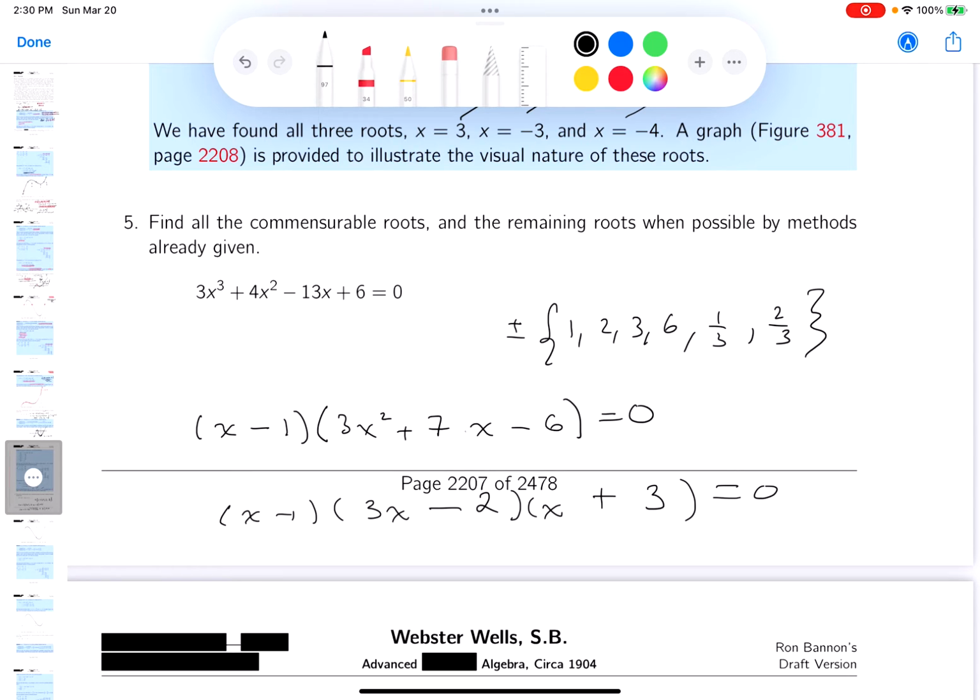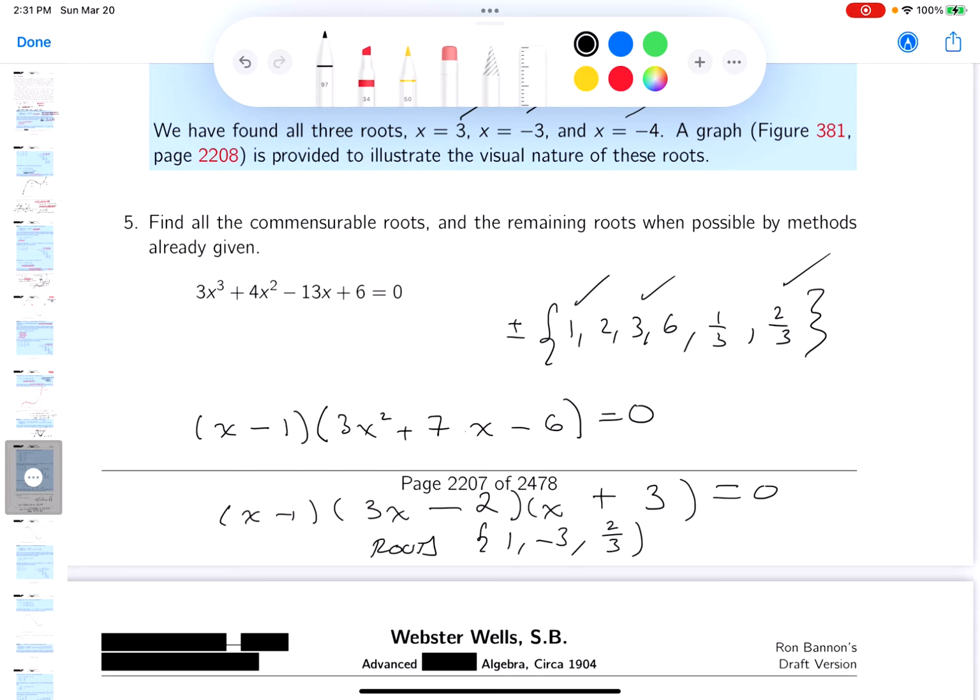So now I know the roots. What are the roots going to be? Well, they're kind of simple. 1, minus 3, and 3x minus 2 becomes 0 when x is 2/3. Are they in the list? 1 is in the list, minus 3 is in the list, and 2/3 is in the list. I got them all.